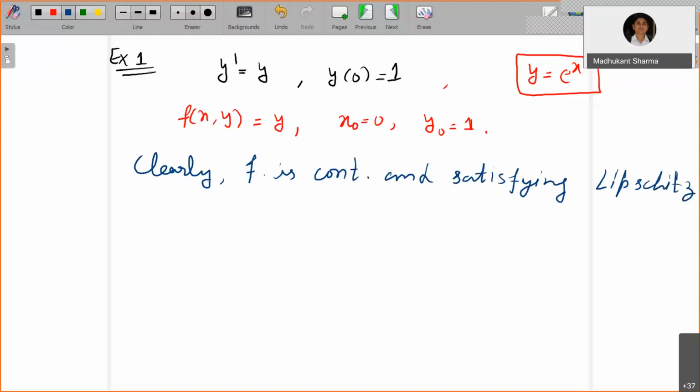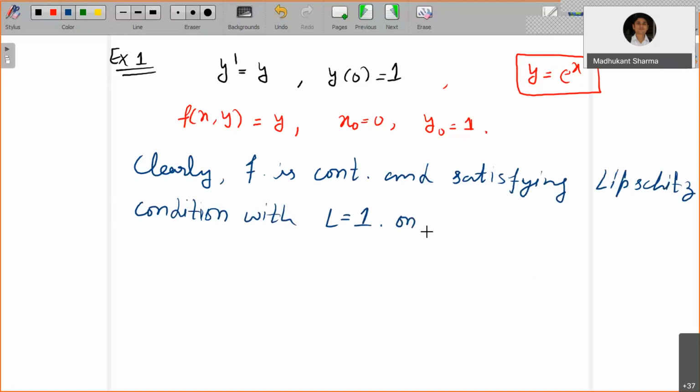That's a very straightforward condition, with L equal to 1. That is very simple to see: mod of f of x comma y1 minus f of x comma y2 is mod of y1 minus y2. So with L equal to 1, it satisfies the Lipschitz condition.